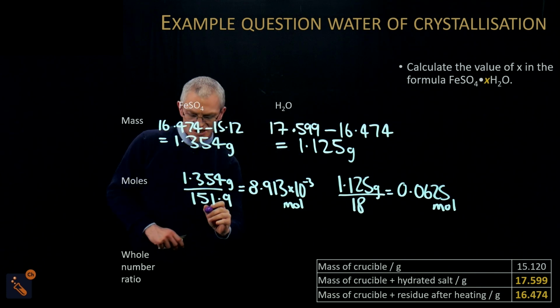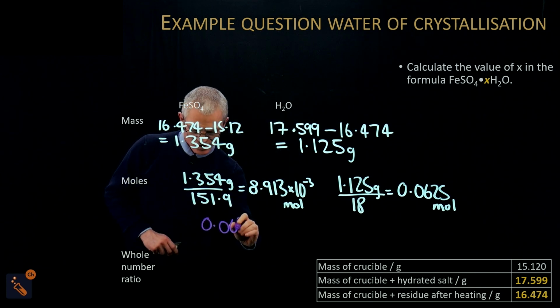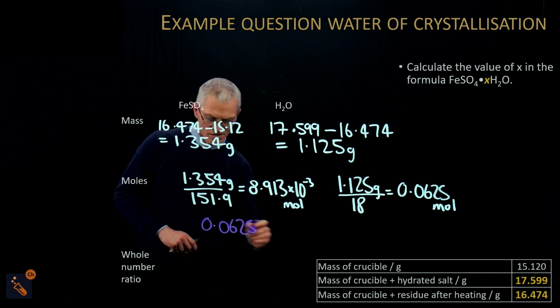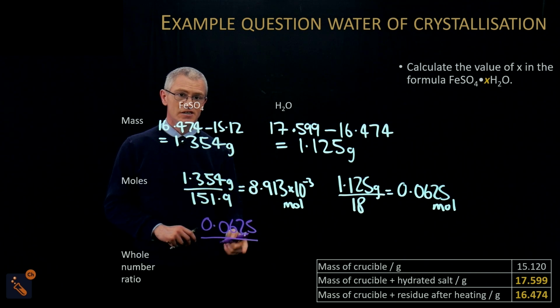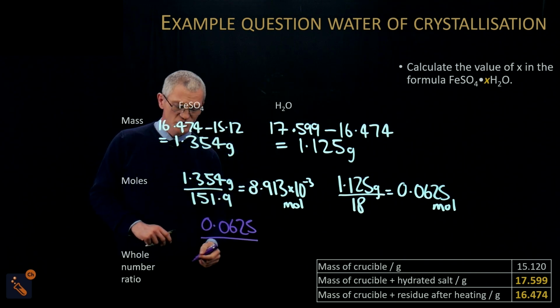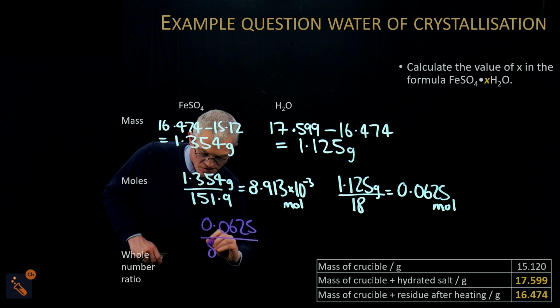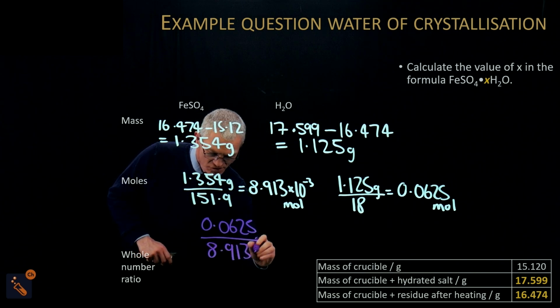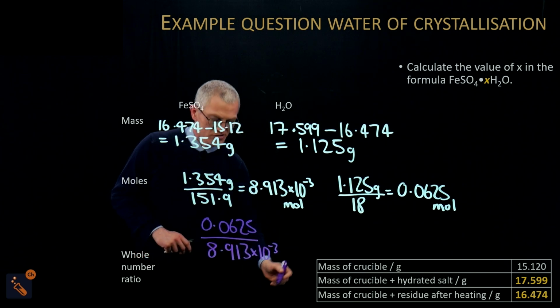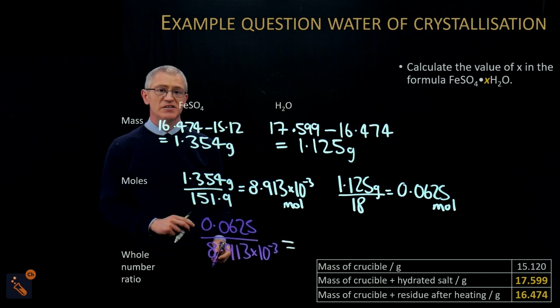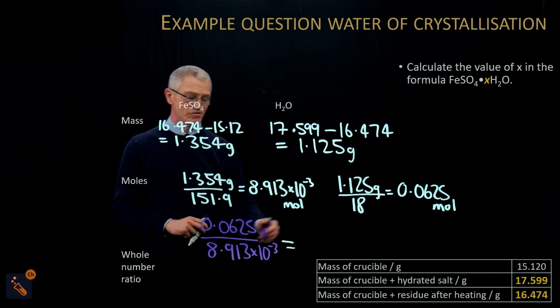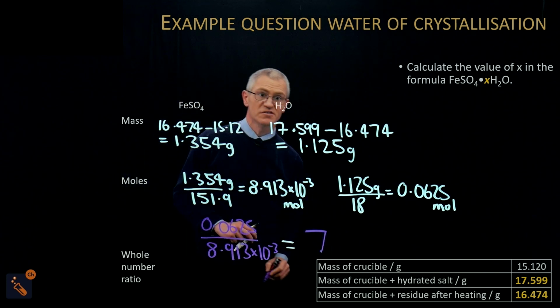So what we do is we take 0.0625 and we divide that by this number, 8.913 times 10 to the minus 3. That tells us how much bigger the 0.0625 is. And if we've done our maths properly, that will equal 7.